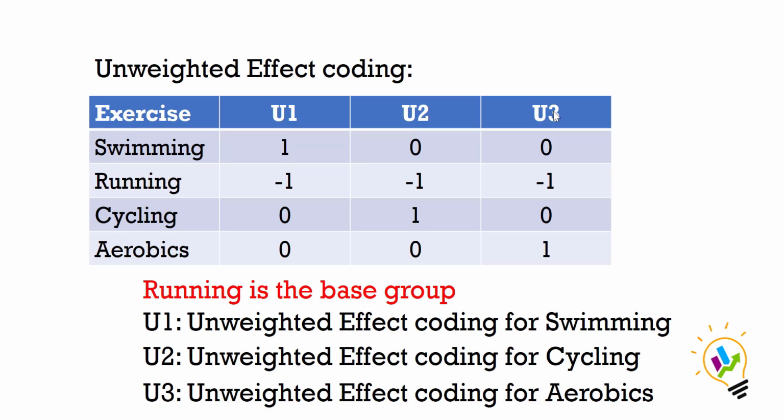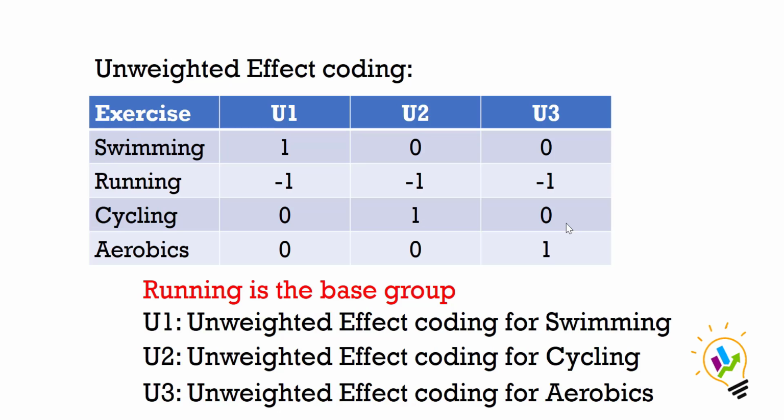U3 is the unweighted effect coding for aerobics. For this, you can see running is already given as minus 1, and for aerobics we have given 1, and the remaining, swimming and cycling, we have given as 0.